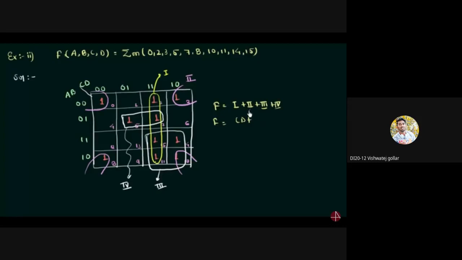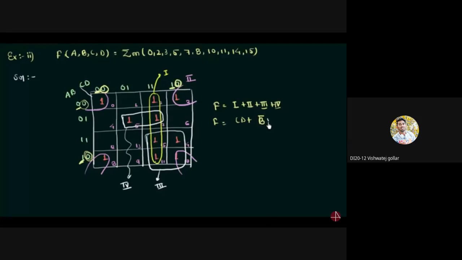The second group of prime implicant, these 4 ones: we can see that A is changing from 0 to 1, but B is not changing, it is 0. So we will write B complement. Whereas in C and D, you can see that C is changing from 0 to 1, but D is not changing, it is D complement.